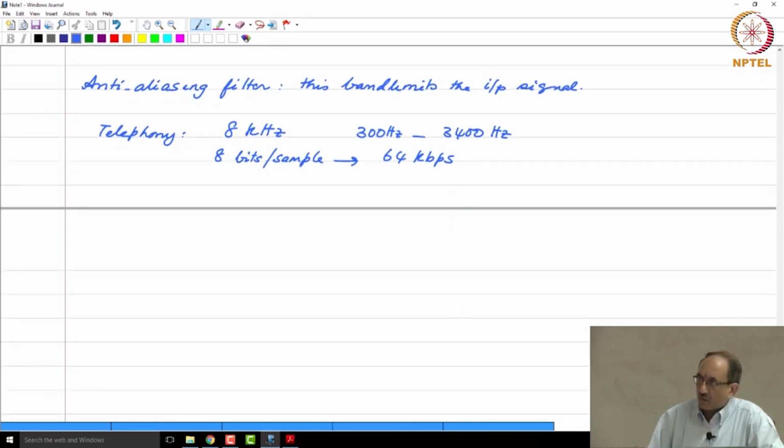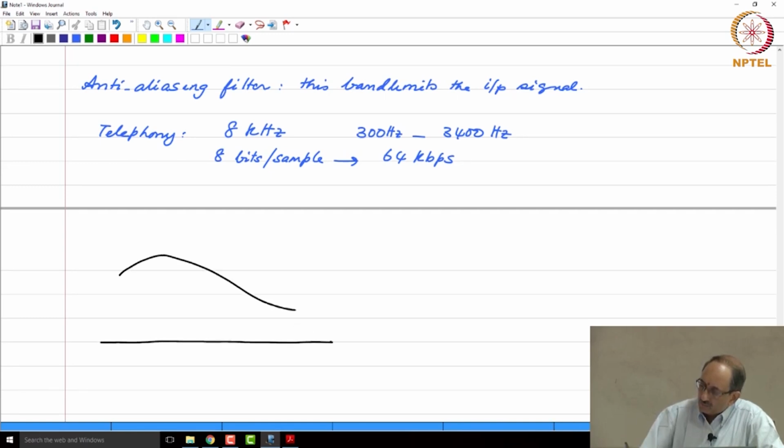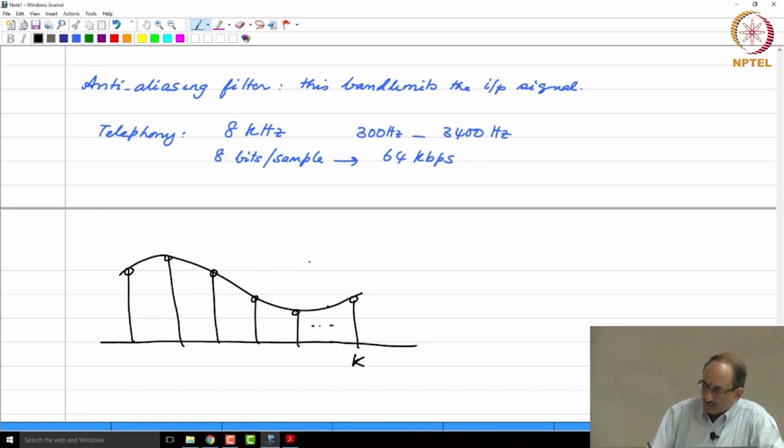Now, let us come back to the problem at hand. Remember, our goal is to connect samples of this signal. So, this is x of n times delta of n minus k. So, this is your discrete time sequence, right.